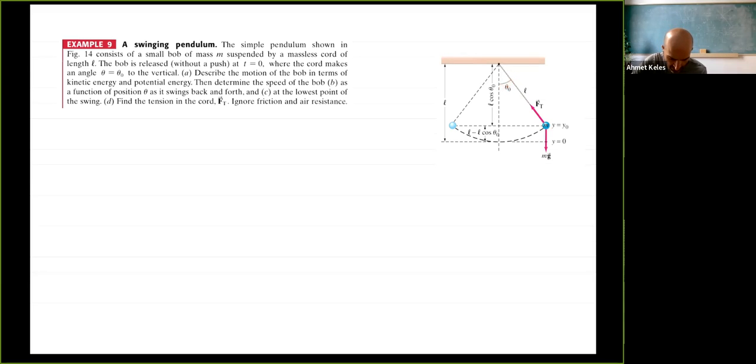A, describe the motion of the bob in terms of kinetic energy and potential energy, then determine the speed of the bob. B, as a function of position theta as it swings back and forth. C, at the lowest point of the swing. And D, find the tension in the cord, F sub T. Ignore friction and resistance.